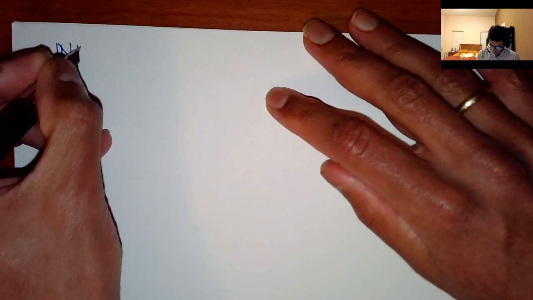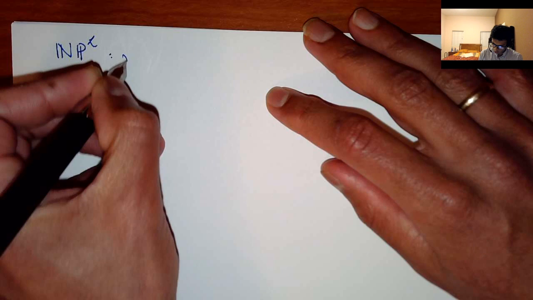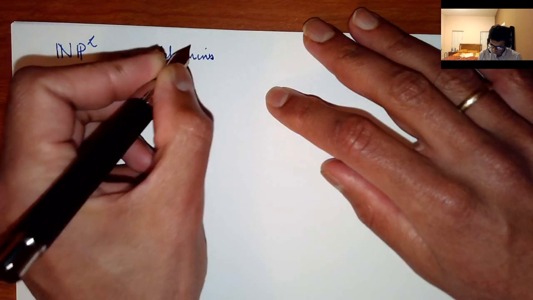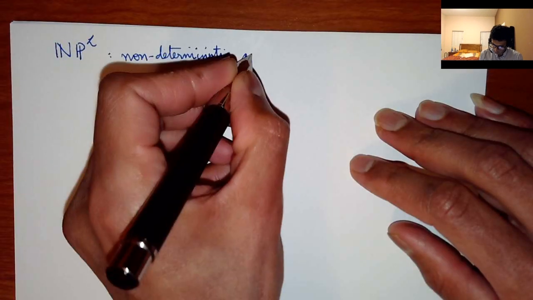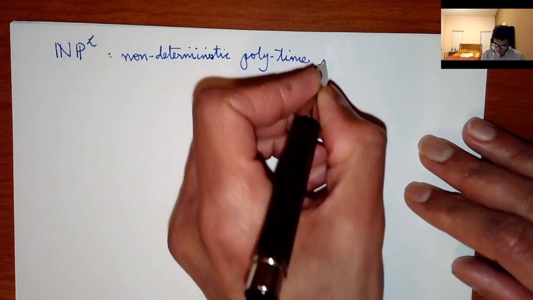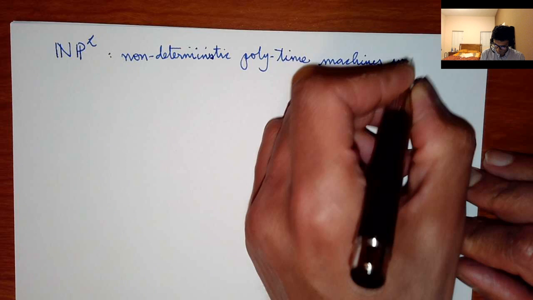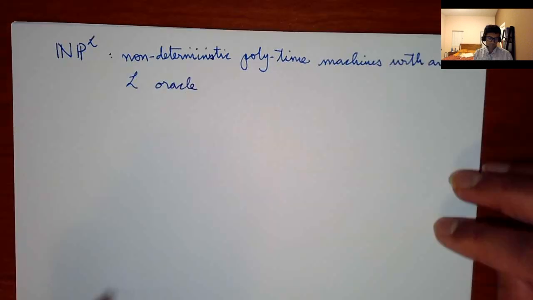And we can look at NP to the L, which are non-deterministic polynomial time machines with an L oracle.